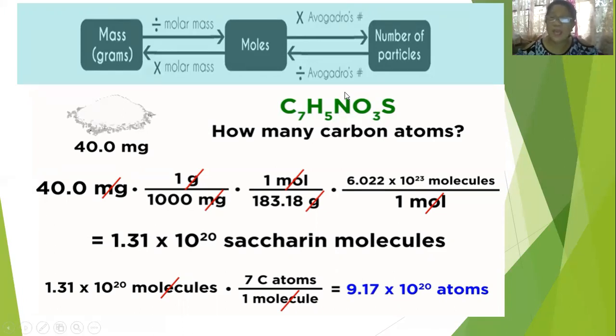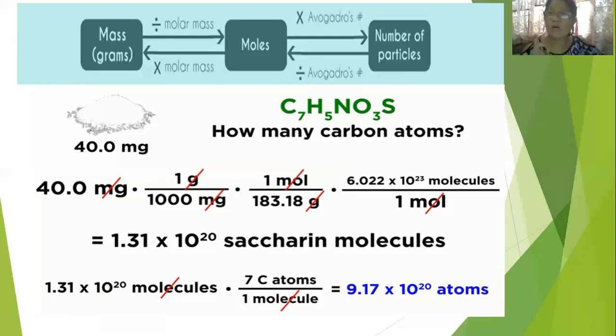Then oxygen, we have 3 multiplied by 16, plus sulfur, it has 1 times 32. Then you will come up with the molar mass equivalent to 183.18 grams per mole. Okay, so the first thing that you should always do, if it is a compound, you should get first the total molar mass of the compound.